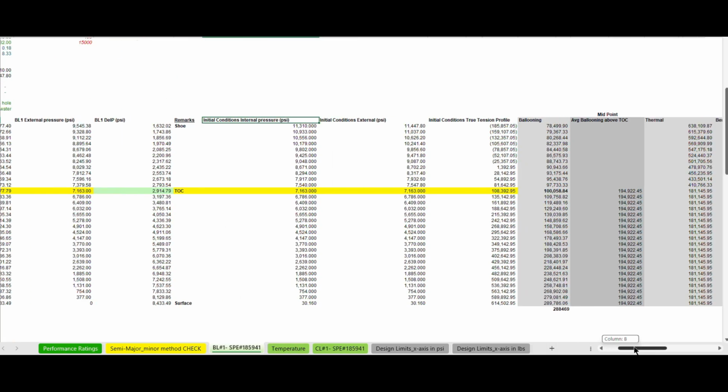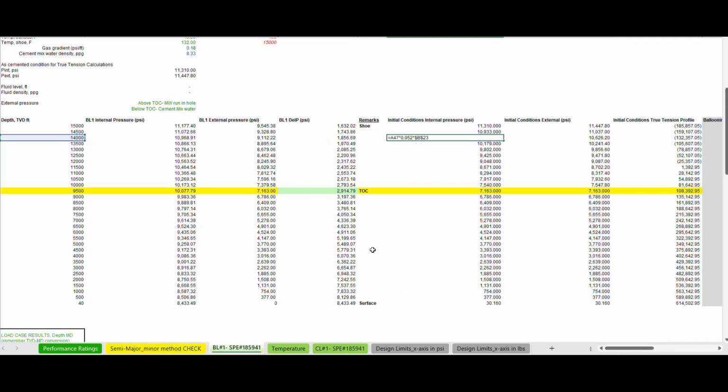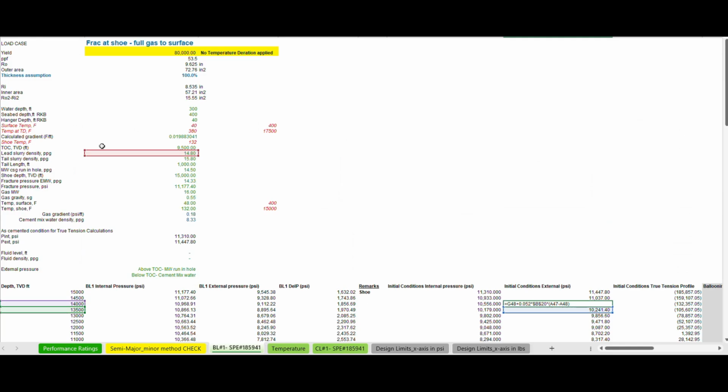And for the initial conditions, as we mentioned, this is our reference point. So the initial conditions internal pressure is basically, as you know, the mud weight that we are running in hole. But the external pressure for the initial conditions is the cement slurry in the green state.